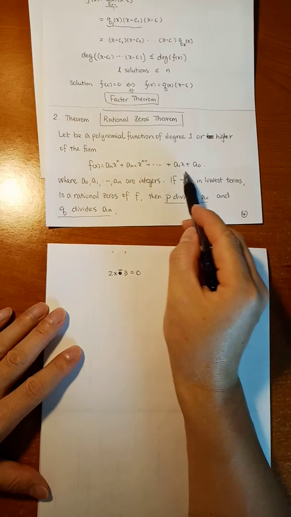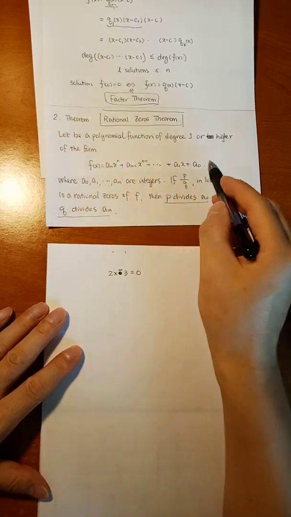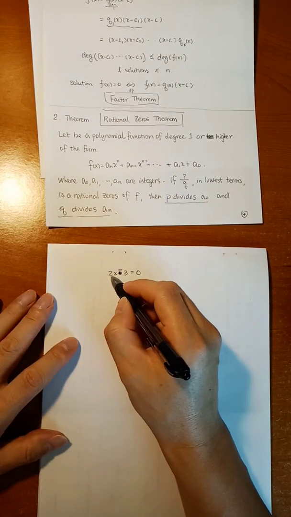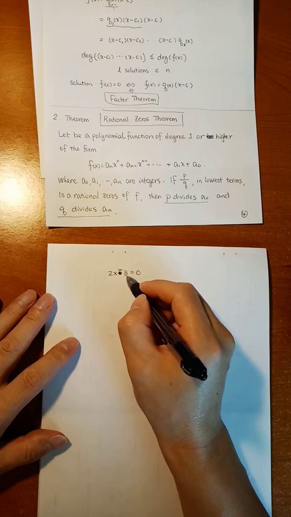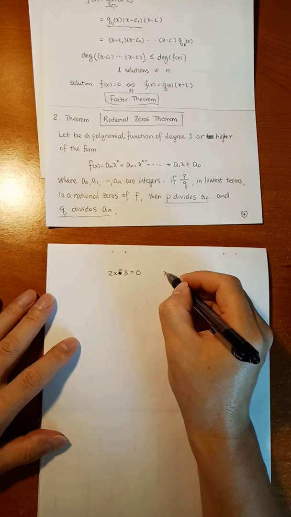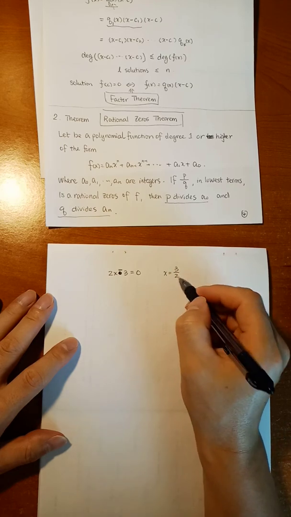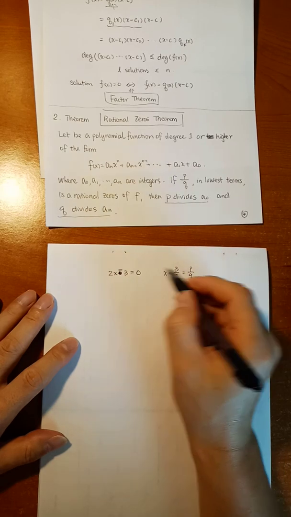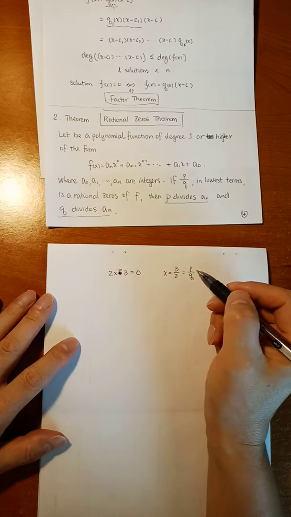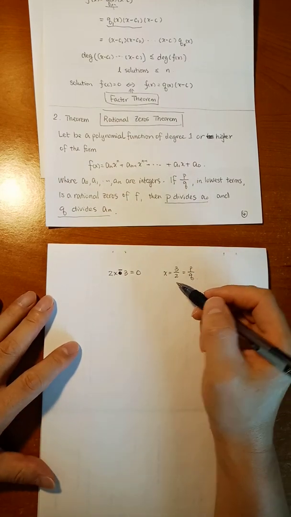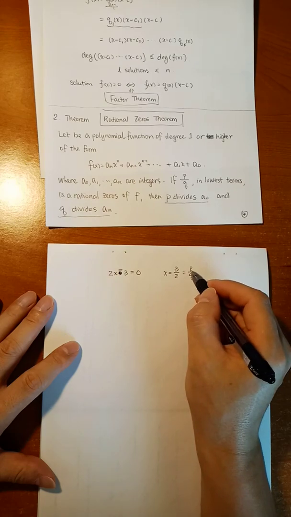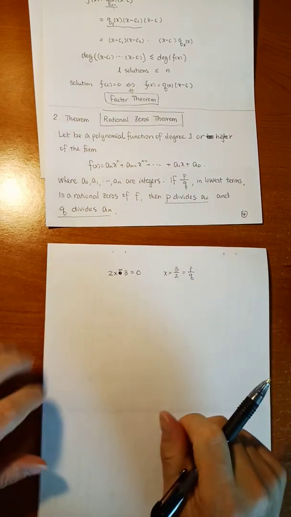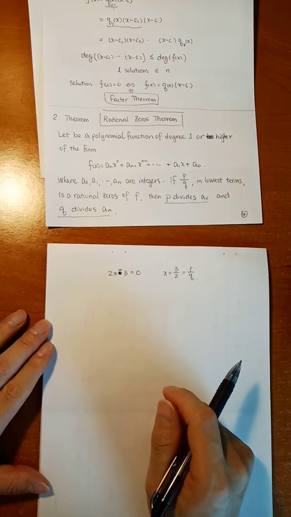Be careful, a1, an, a0, all the coefficients can be positive or negative integers. It's not always positive integers. So for this example, a1 is 2 and a0 is negative 3. But you know that the solution is 3 halves, so P over Q, P is 3, Q is 2. So Q divides the leading coefficient, P divides the constant term. This is a way to memorize it. Otherwise, you may be confused.